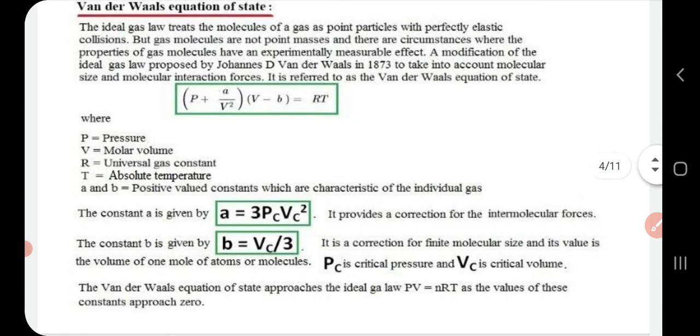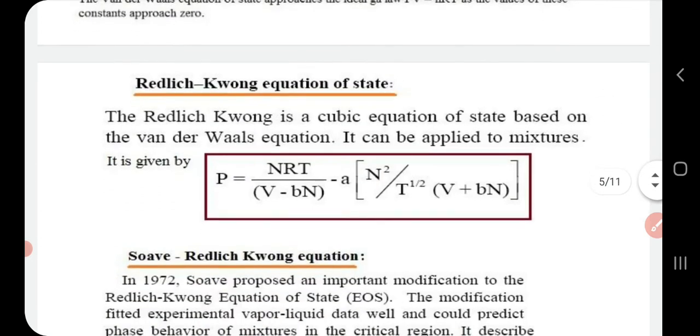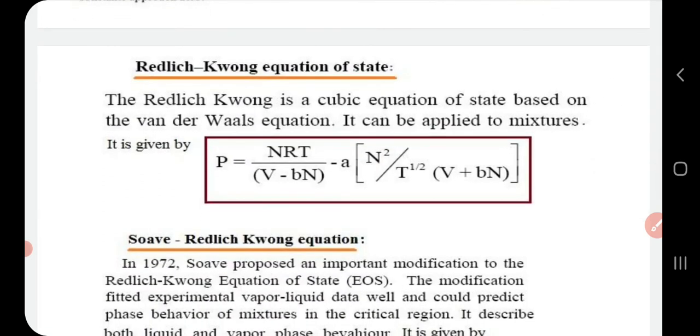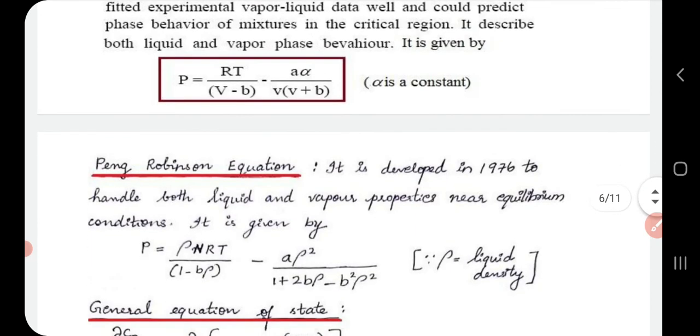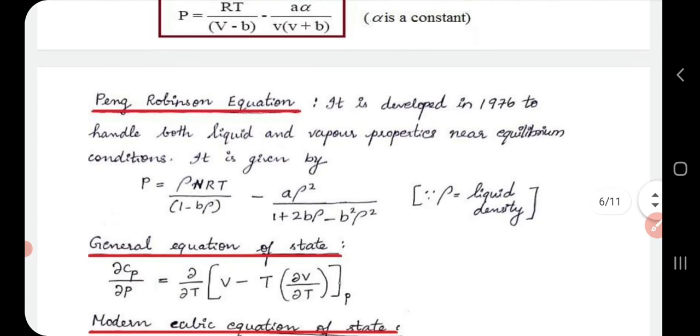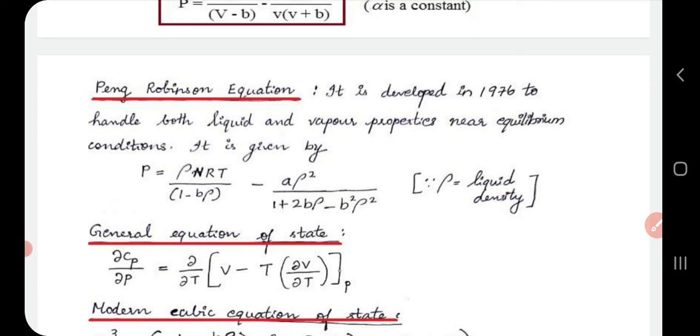So there is nothing difficult to study, and after that for these two equations it's enough to write briefly. Just write one or two sentences about the equation and write the equation, and the same with the Peng-Robinson equation. But for the Van der Waals equation you have to write it fully, because that is one of the most important equations of state.